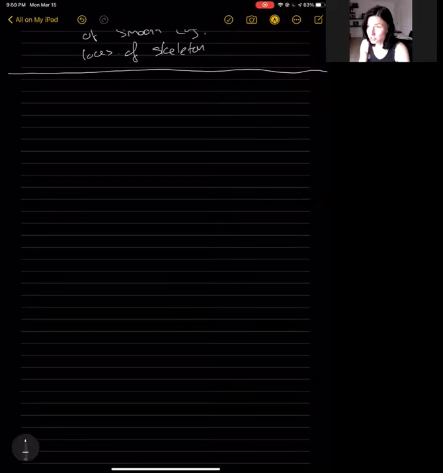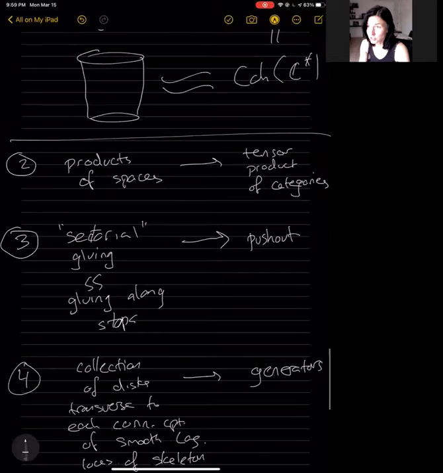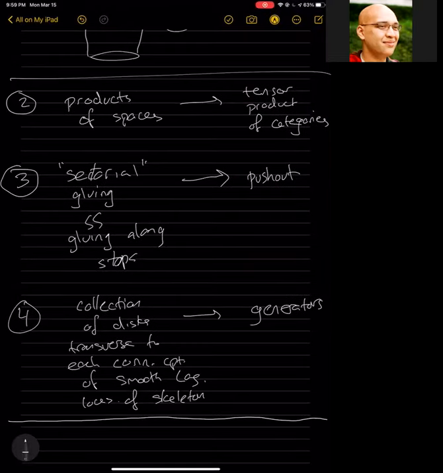I'm sorry, I just missed the number 4. Could you just repeat what number 4 says? Number 4 says that if I take a collection of Lagrangian disks satisfying appropriate conditions at infinity, the usual ones, such that you have one disk which meets each connected component of the smooth Lagrangian locus of the skeleton, then those disks generate your category.